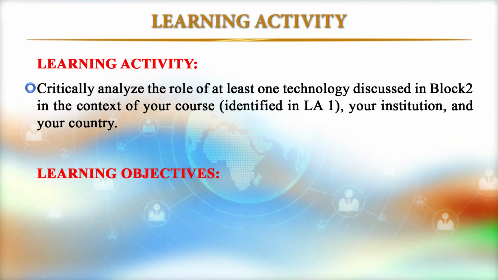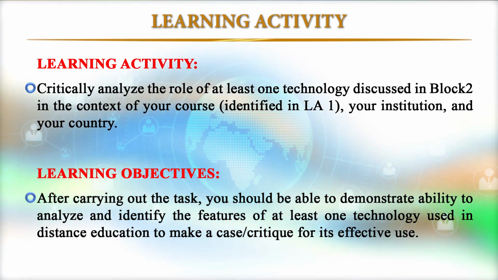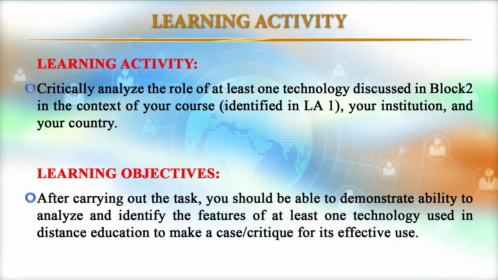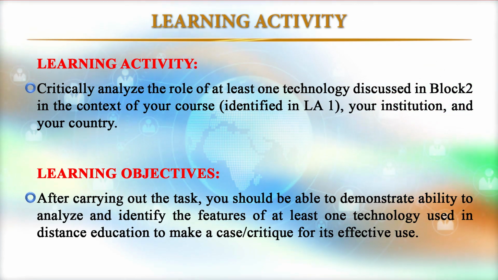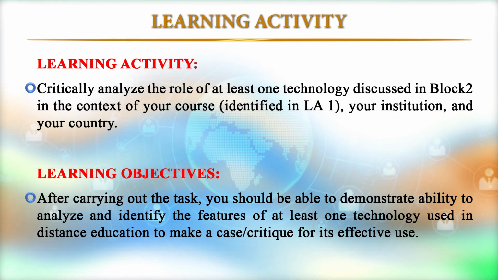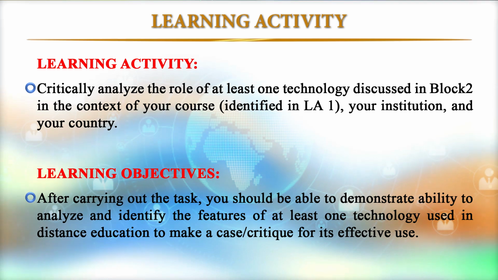The objective of the learning activity is that, after carrying out this task, you should be able to demonstrate the ability to analyze and identify the features of at least one technology used in distance education to make a case or critique for its effective use. That is our major objective of this activity.